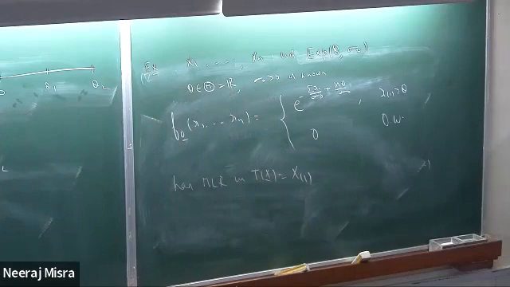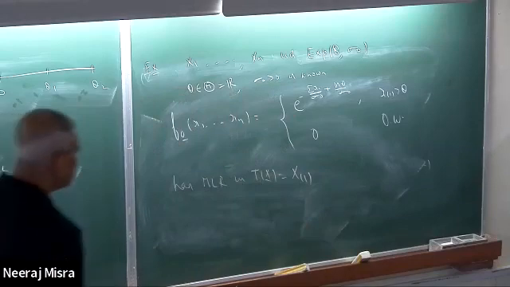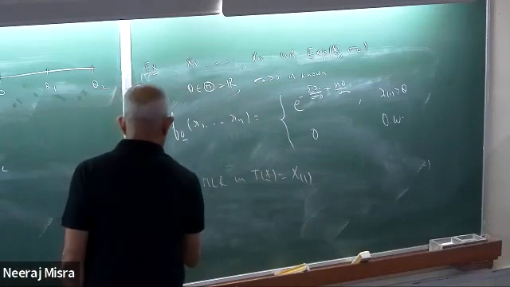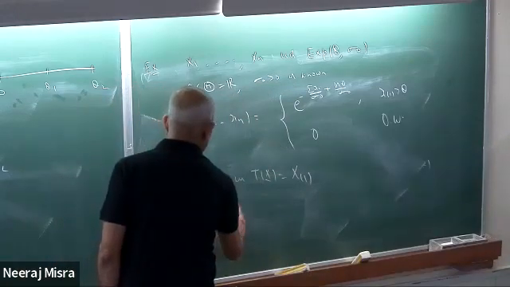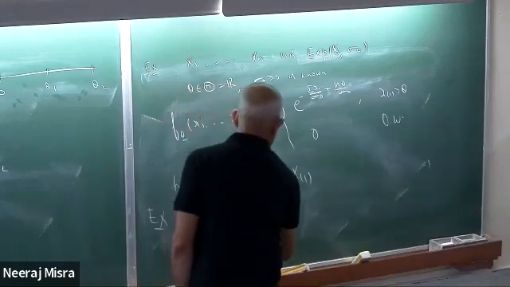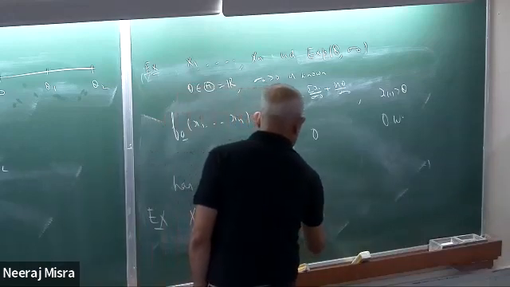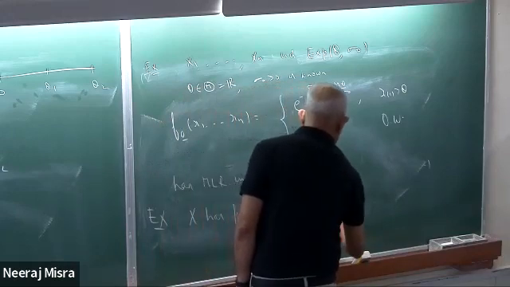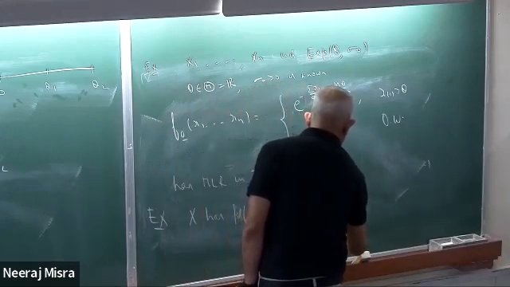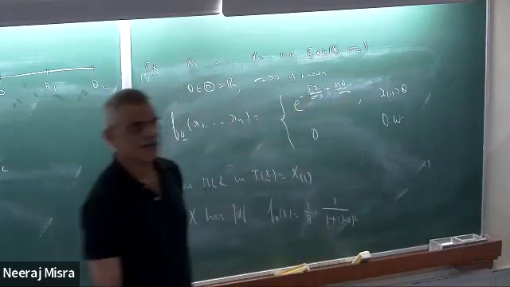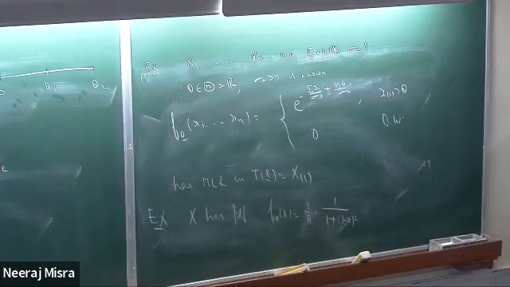Just take a single observation x with PDF f theta x, which is 1 by pi times 1 over 1 plus x minus theta whole square. I'm not considering a sample; a sample is much more complicated. Just try to see, with a sample of size 1, does it have MLR in any statistic? Does it have MLR, for example, in x?